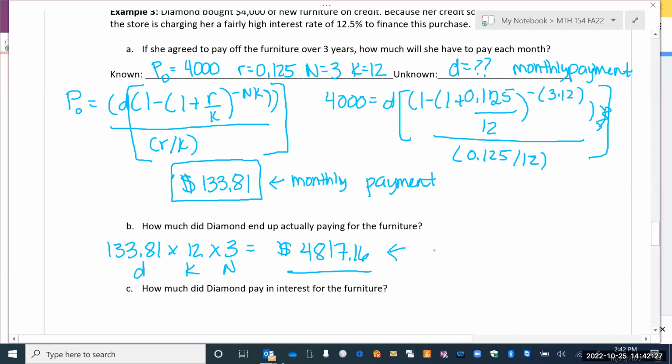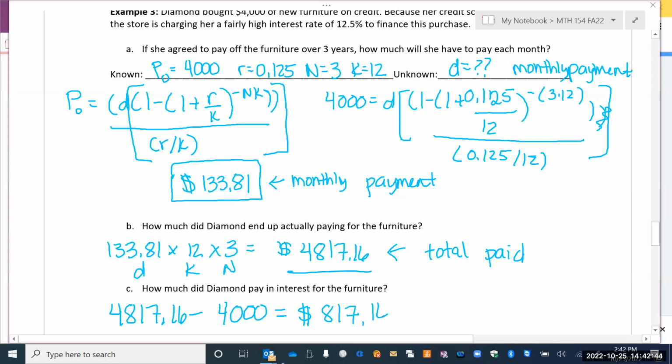That's the amount paid. Then interest is amount paid minus amount borrowed, so it's $817.16. All right. And then the rest of these will be on a different video.